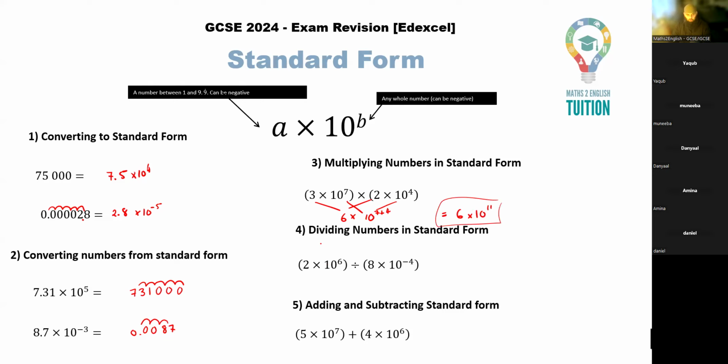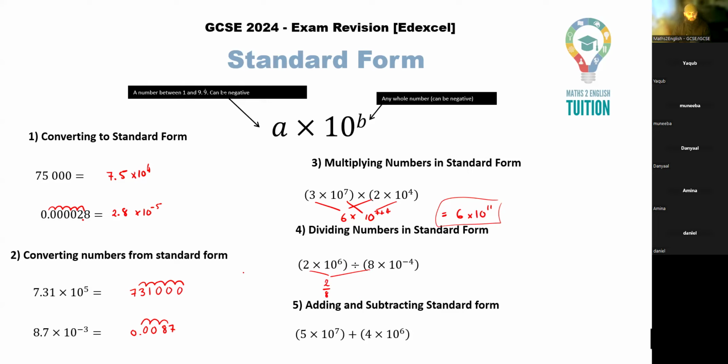Okay, next question, we're going to divide standard form. So over here, first we're going to divide the 2. Okay, so we know that in this scenario, when we divide 2 divided by 8, I'm going to get 2 over 8, okay?